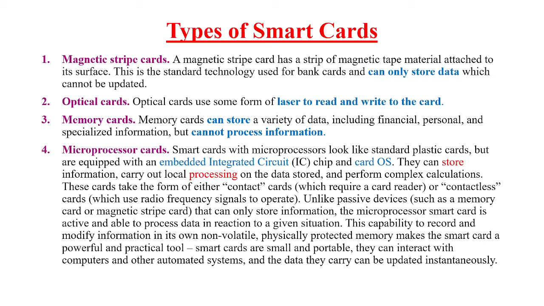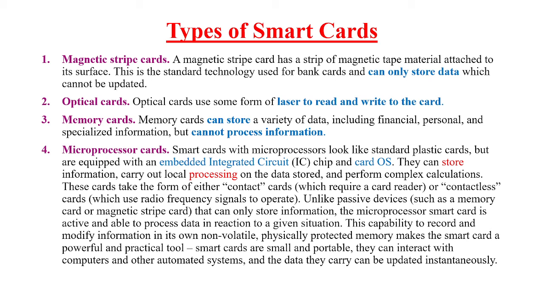So this card not only stores the information but also carries out local processing on the data stored and performs complex calculations. These cards take the form of either contact cards, which require a card reader, or contactless cards, which use radio frequency signals to operate.